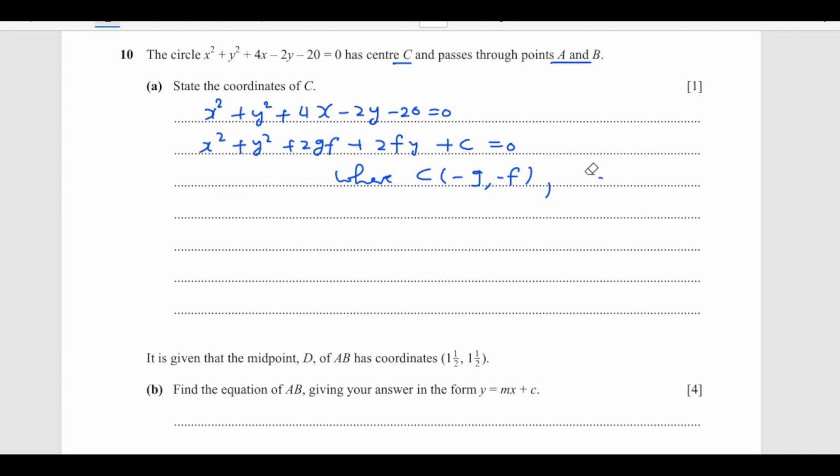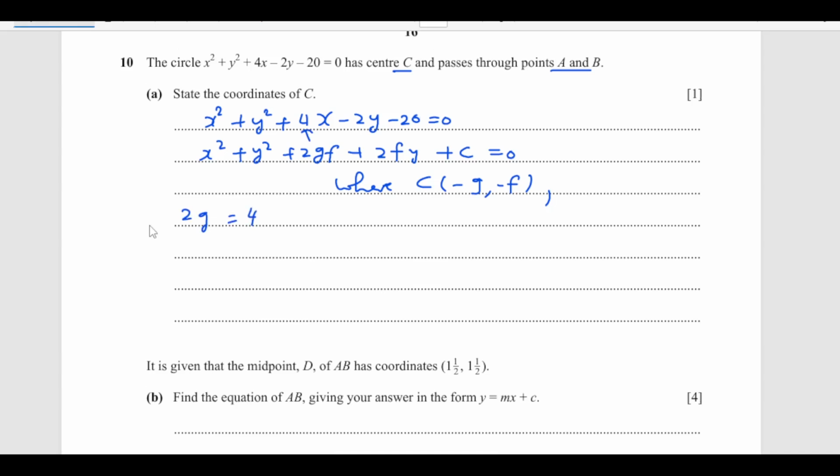So if you compare with this, 2g is equal to 4, so g is equal to 2, right, and 2f is equal to minus 2 and f is negative 1, and the center is minus g, minus f. So minus g is minus 2, minus f is positive 1. So this is the answer, negative 2 and 1.